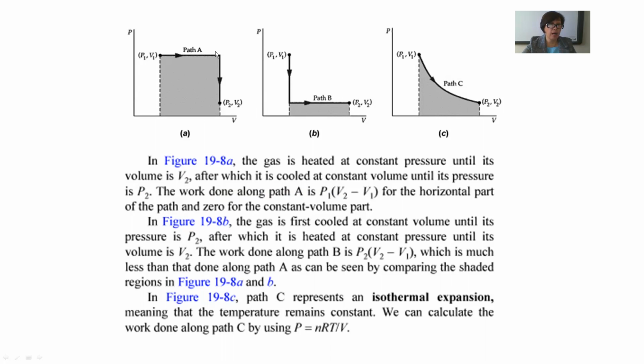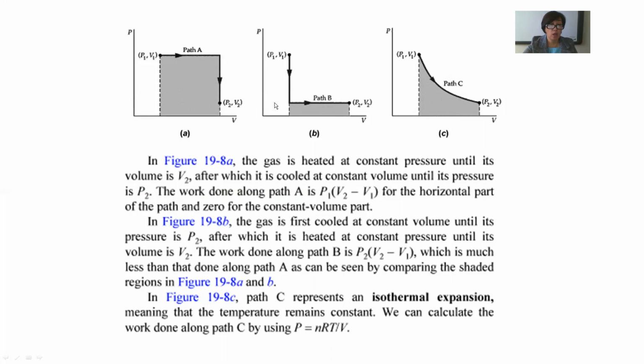For the constant volume part, the work is zero because the change in volume is equal to 0. Path B is where the gas is first cooled at constant volume until the pressure is P2, and after that it is heated at constant pressure to volume V2.